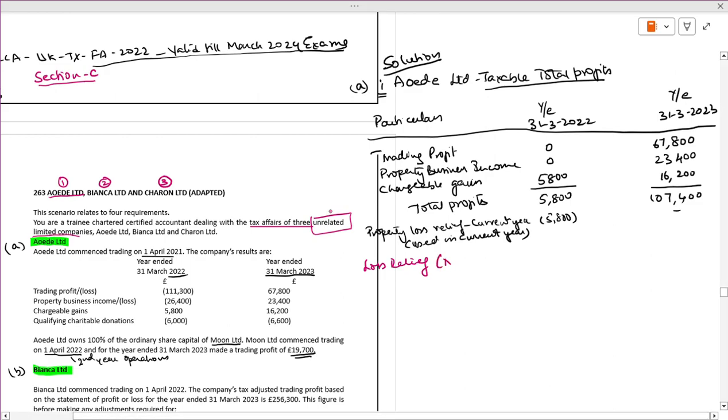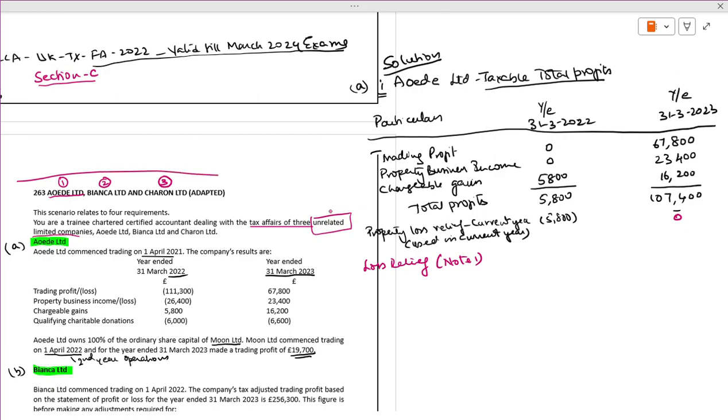I will put it as note 1. Here we don't have any loss relief. I will put this here so that it will be easy for us to make it a point. Okay, note 1. Now, we call it the loss memorandum.